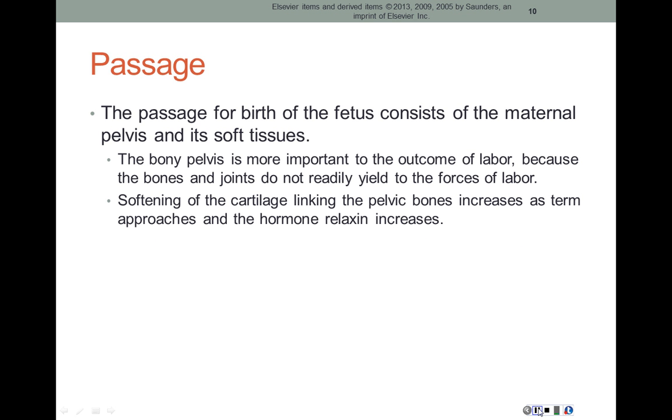But over the term of pregnancy, with progesterone, we have the softening of the cartilage that links the pelvic bones together. And as we get closer to time for baby to be born, that hormone relaxin increases, and that helps to make that cartilage more pliable so that the bones can separate and give baby enough room to be born.